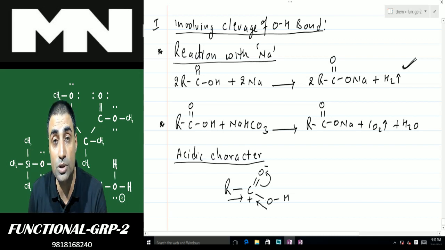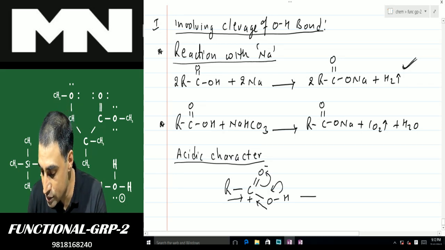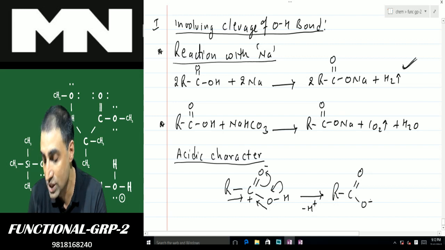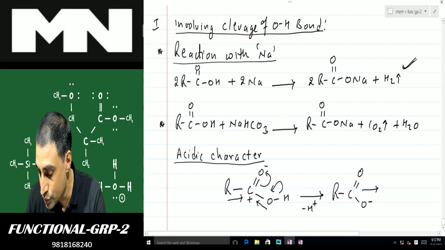Well, the OH group has a higher electron donation as compared to the alkyl group because here oxygen withdraws electrons from hydrogen. It releases hydrogen as H positive ion, and itself it will become RCOO negative, the carboxylate ion.